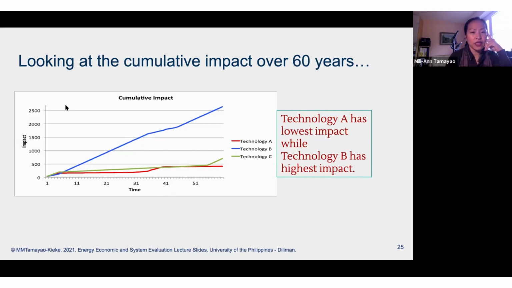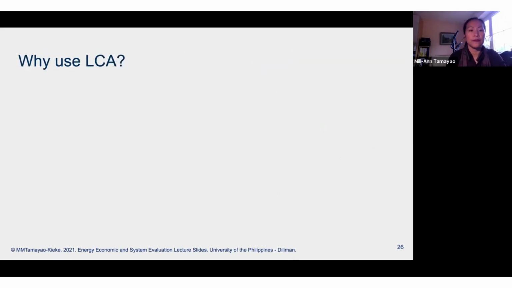Why? Kasi dito, tinitignan lang natin total impact, but how about the usefulness of the technology? Gaano ba karami yung napoproduce niyang energy, for example, diba? So, the better way to compare different energy technologies or products for that matter is based on their functional unit, which we will discuss later on, para magkaroon kayo ng apples to apples comparison.